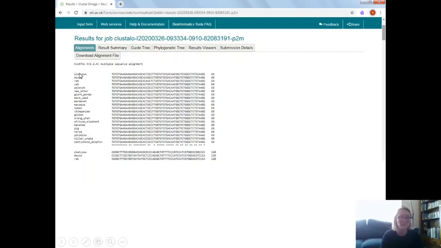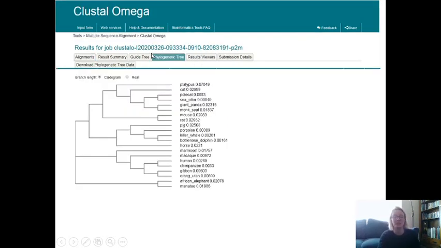And you can see that we had data for all of these different organisms. Then we can click on phylogenetic tree, and it sorts that data for us and creates this phylogenetic tree, which is really clever. So we can see now how closely related various things are. The manatee here is pretty closely related to the African elephant, which is quite surprising. I thought they'd be more like cows, but there we go.